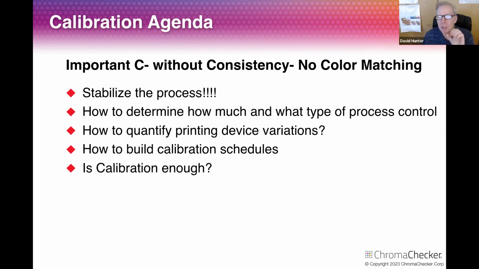But unfortunately, we don't really tell you how you should stabilize the process. And that's what we're going to tell you today: how you can print the same print over multiple days in a row and compare it using E-factor to understand how much the device is varying. In this way, you can build calibration schedules to stay on top of your devices to make sure that they're meeting your expectations.